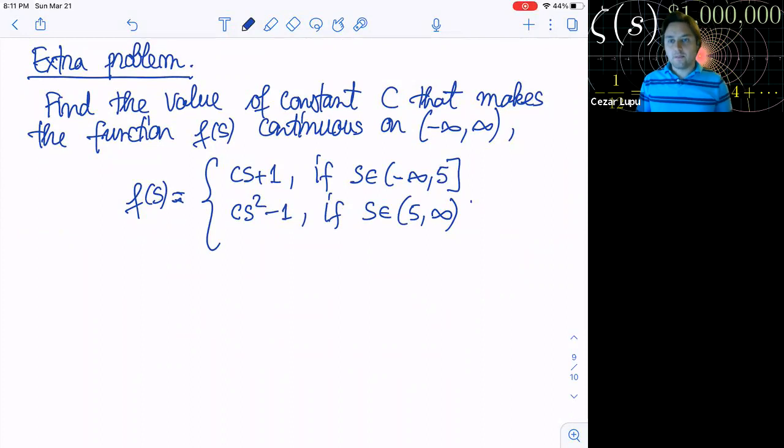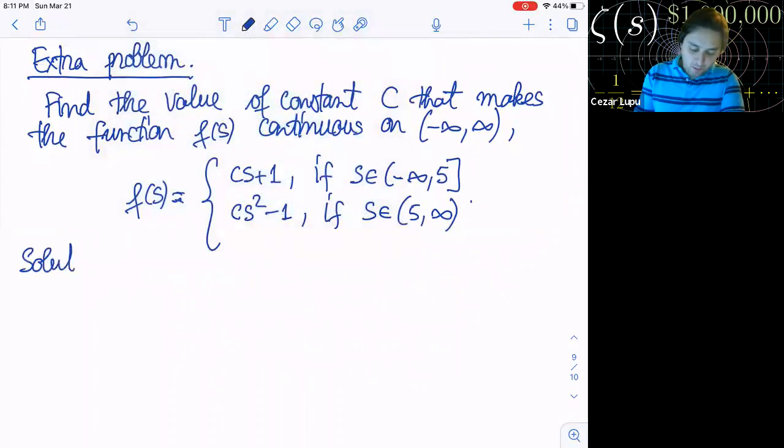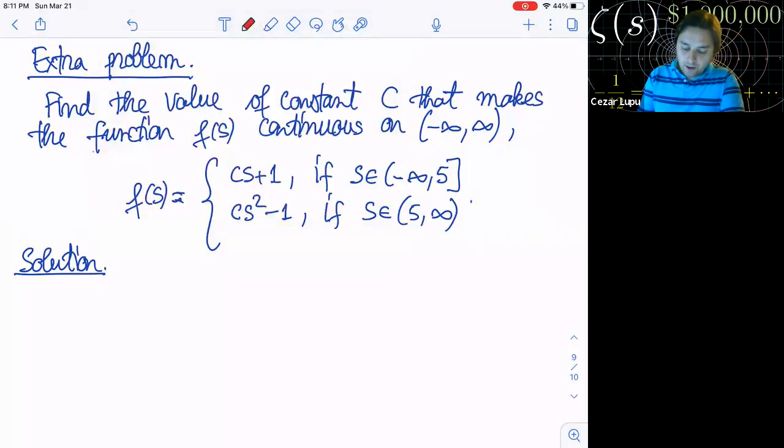So what did we say at the beginning? We know that the function is continuous, right? Yes, exactly. So we know that the function f of s is continuous on the entire real line.